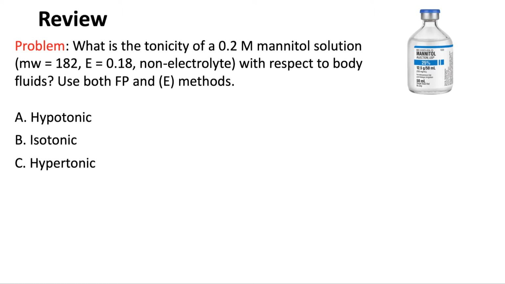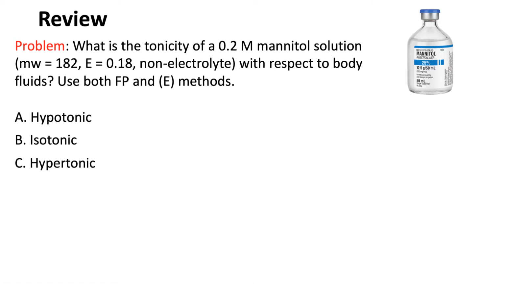So we want to know what is its tonicity with respect to body fluids. We're going to use both the freezing point and the sodium chloride equivalent method to do this. In the end, we want to know, is this 0.2 molar solution of mannitol hypotonic, isotonic, the same as biologic fluids, or hypertonic? All right. And we're going to do this two ways.